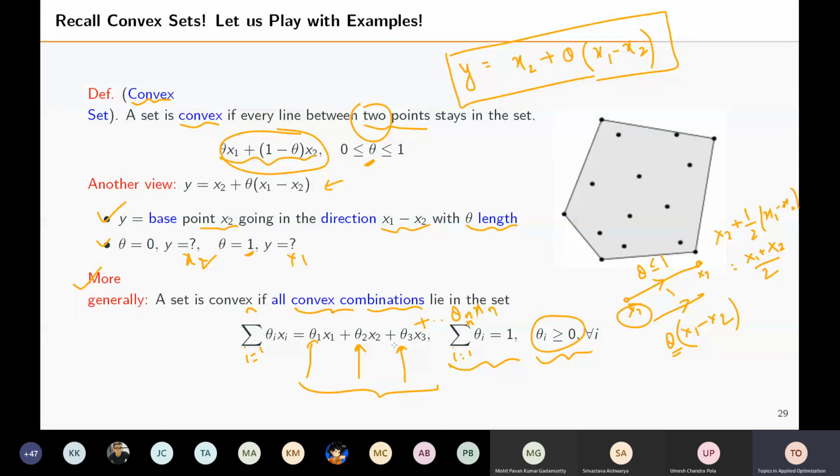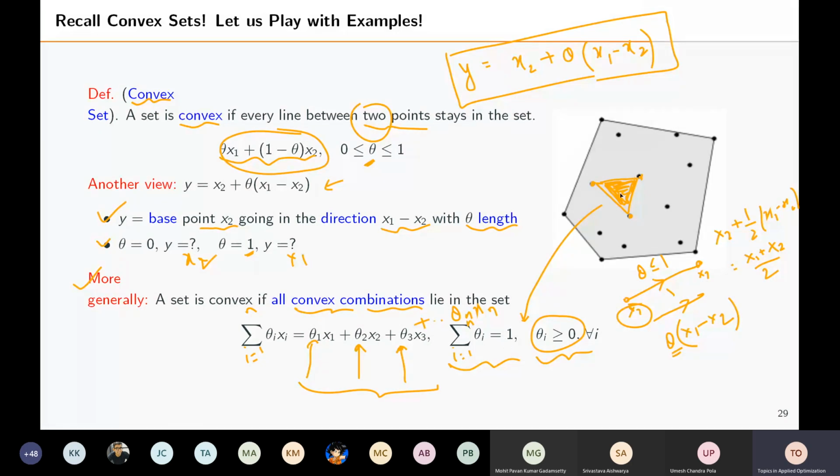As you can see, in a convex combination you can take an arbitrary number of points. If I take the convex combination of these points, it fills the whole region joining them. Everything in between is covered because of the restrictions: theta is greater than or equal to 0, and the sum of the thetas is 1.